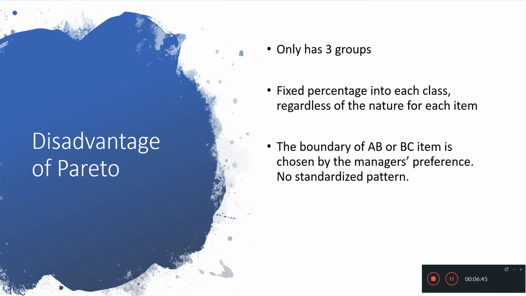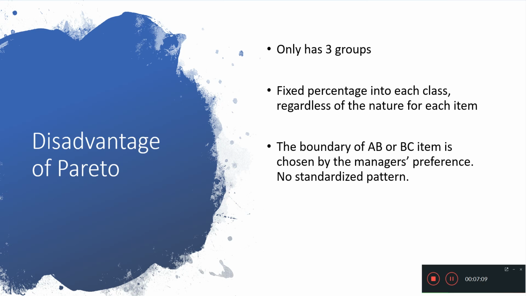And the second one is the percentage is fixed for each class regardless of the nature of each item. So basically, only 20% of the inventory is fixed. So you can't really change the Pareto principle regarding the percentage.